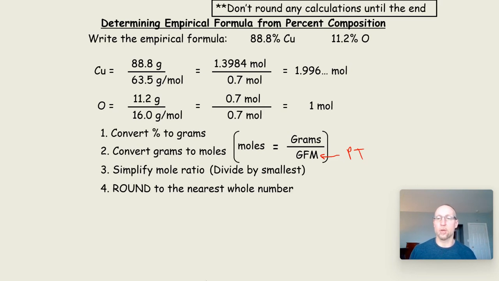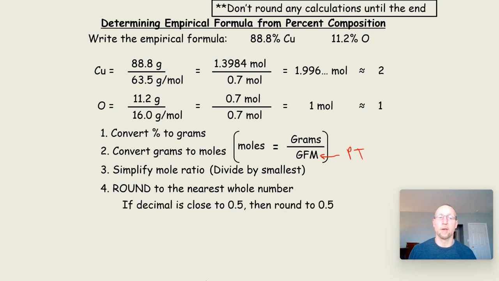They're always going to be really close to a whole number, like this 1.996, or maybe it would be like 2.004, whatever. If they're not, then we've got to do something else. But in this case, 1.996 rounds off to 2, 1 rounds off to 1, and we're left with a 2-to-1 ratio.